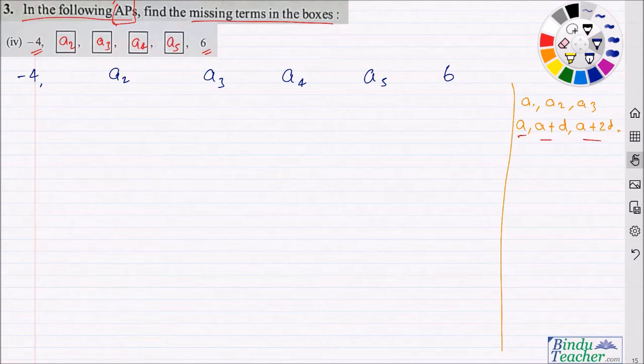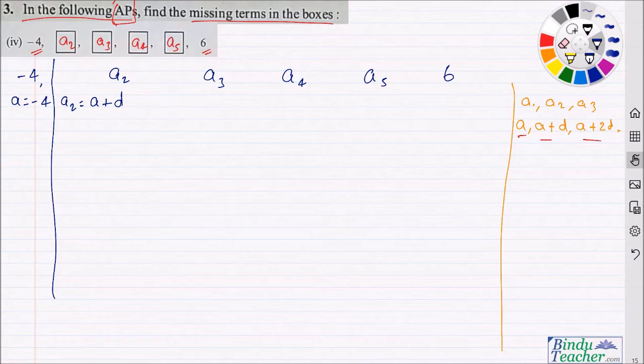So the first number is -4, which is nothing but A. So we can write A equals -4. I'll just draw a line here, and then we have A2. So we can write A2 equals A plus D. Now similarly, we can derive the formula for the rest of the numbers.